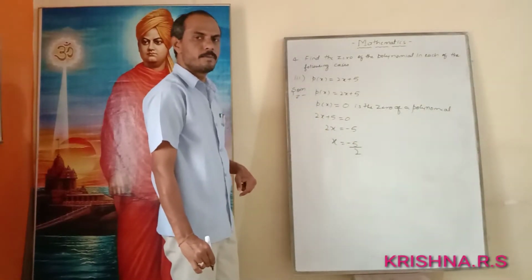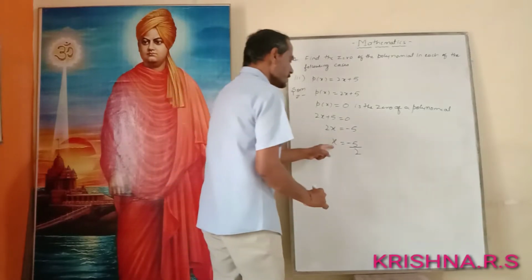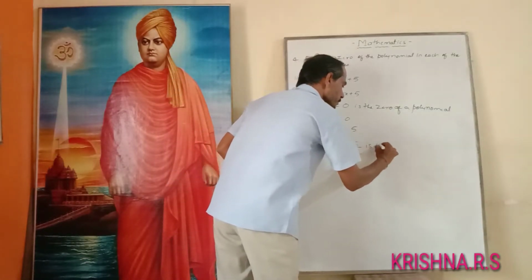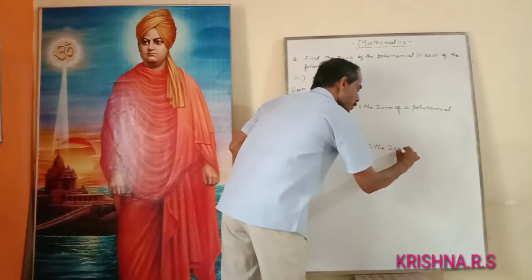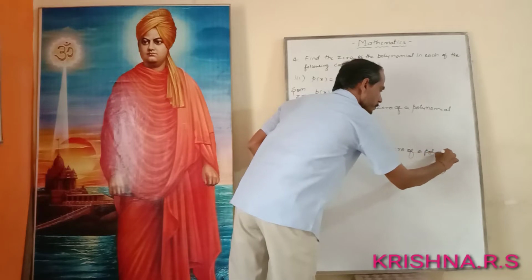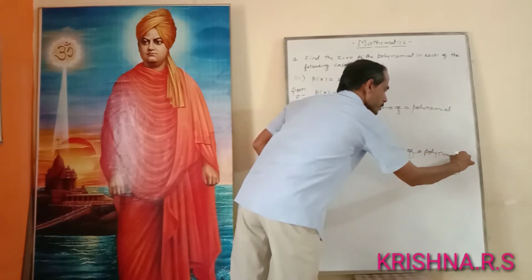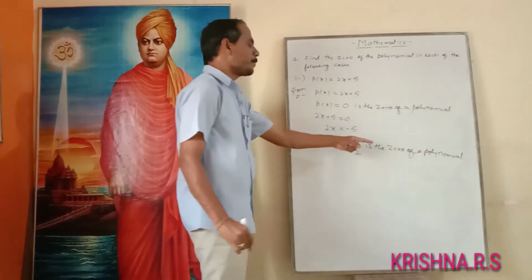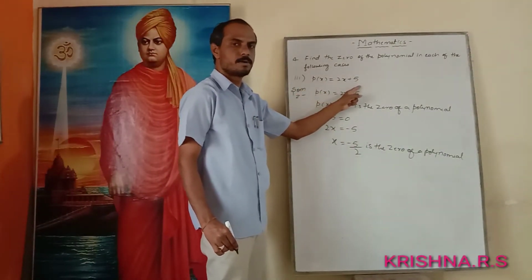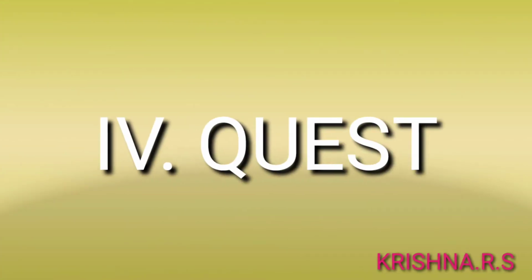So x is equal to minus 5 by 2 is the zero of the polynomial for P of x equal to 2x plus 5. I hope you understood.